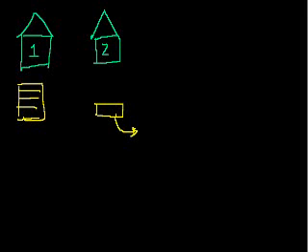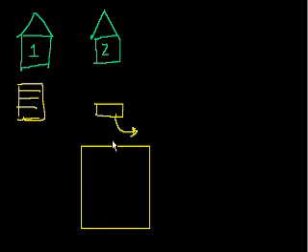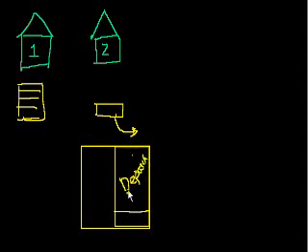Actually, let me draw bank number 2's balance sheet. Let's say this is bank number 2's balance sheet. They have some equity, hopefully. They'll have some deposits. Let's say all of these are deposits. They have to keep some reserves, right?